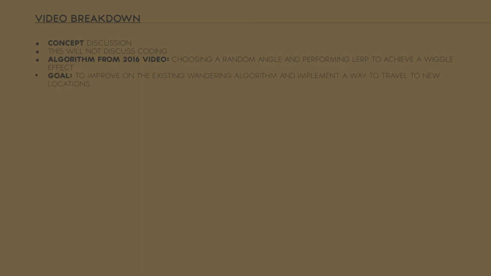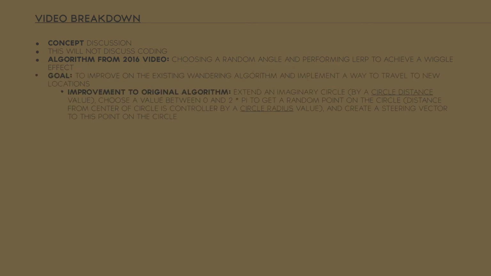The basic increment to the algorithm that we already did a few years ago is to extend an imaginary circle and choose a point on that circle by a given radius and a random angle between 0 and 2 pi, and that's where we're going to give our little wiggle effect.